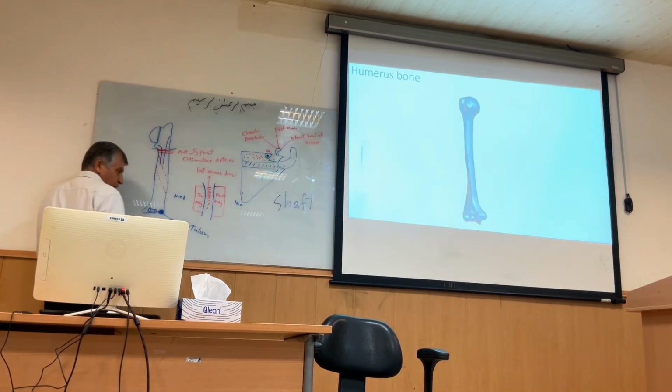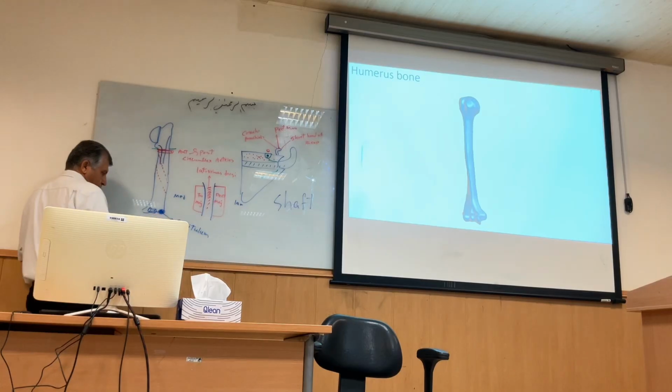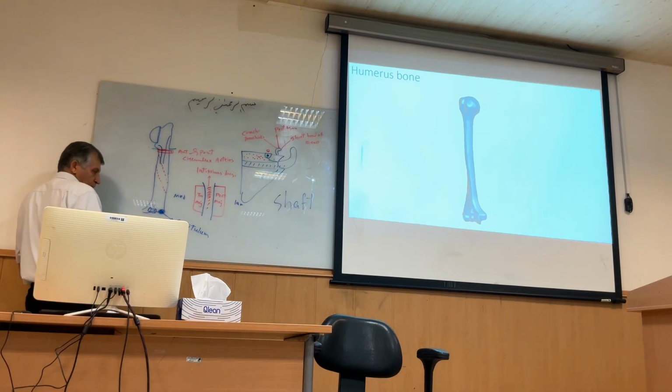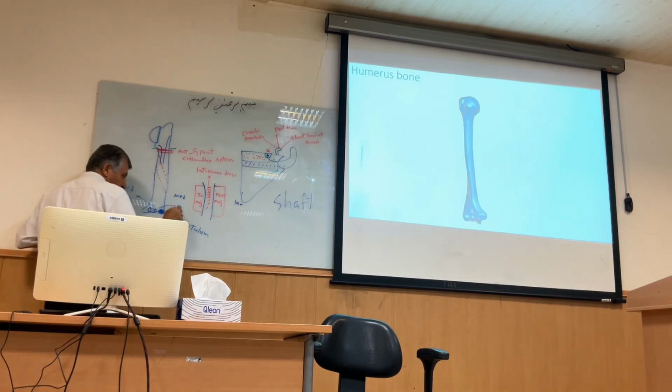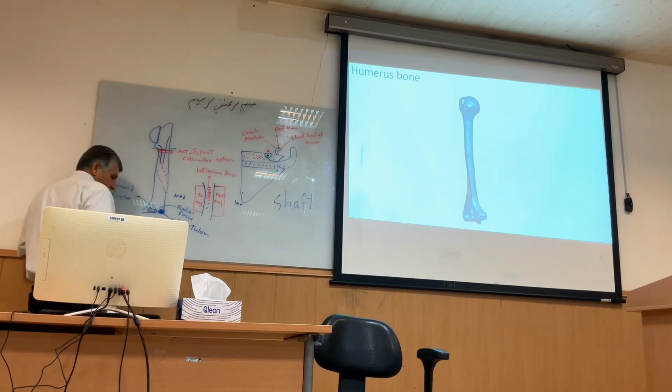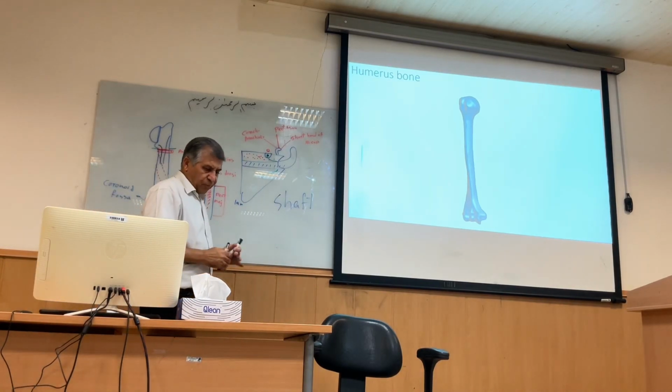Okay? Above trochlea, you can see a depression. Above capitulum, you can see a depression. The depression above trochlea is called coronoid fossa. The depression above capitulum is called radial fossa. Okay? Radial fossa.